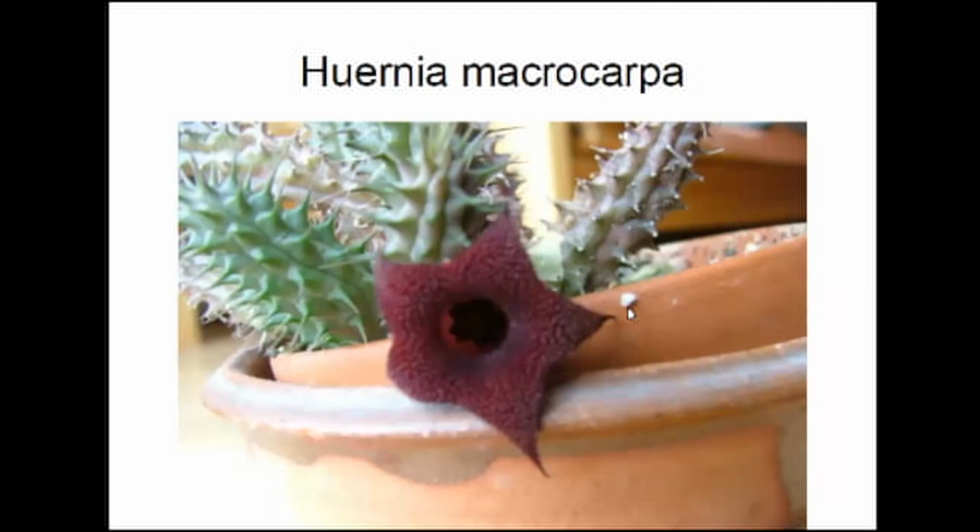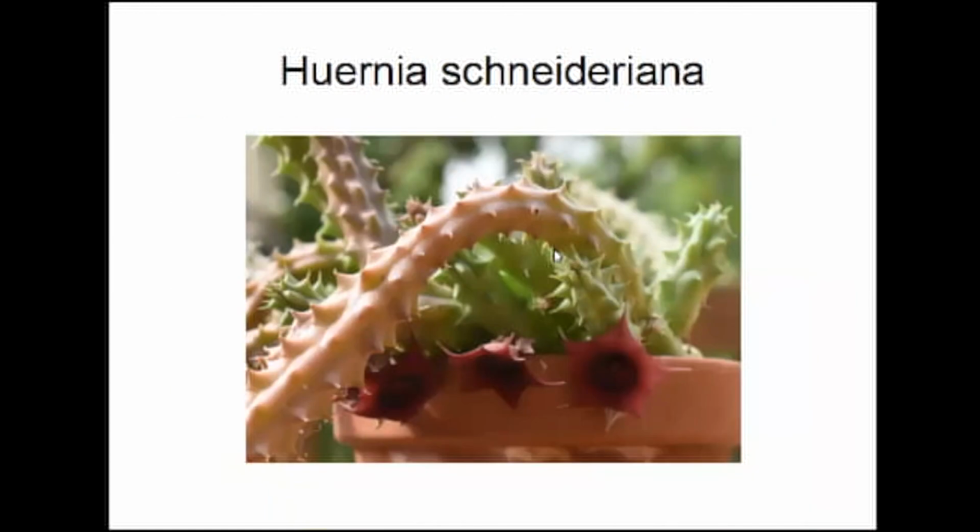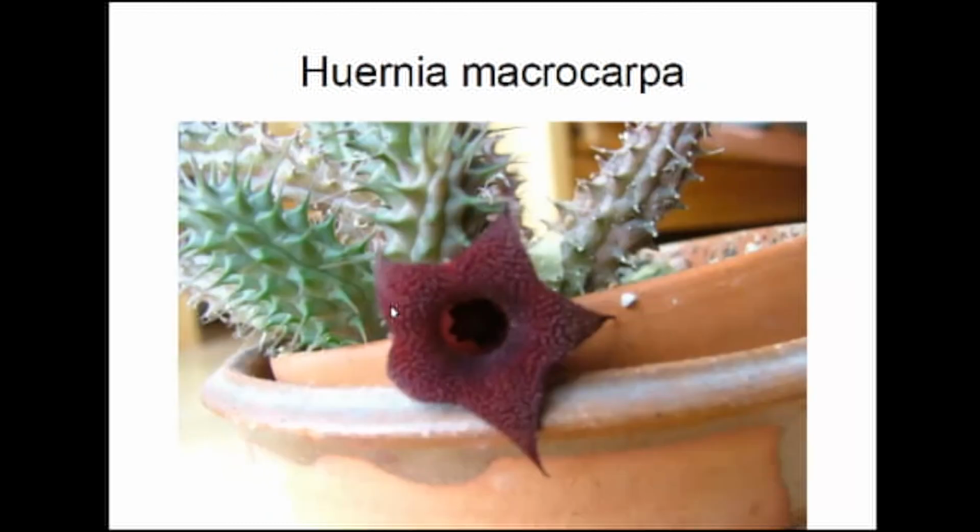And here is Huernia macrocarpa, very similar flower, except the petals are very rough, quite bumpy, velvety, very nice. And this Huernia macrocarpa, as well as Huernia schneideriana, usually have flowers at the base of the stem, close to the soil.